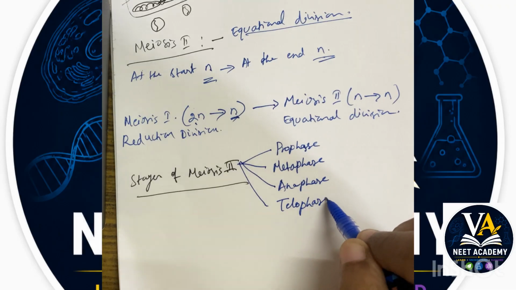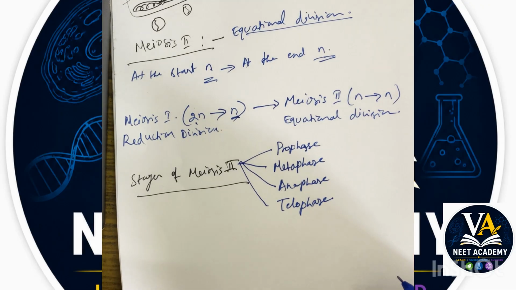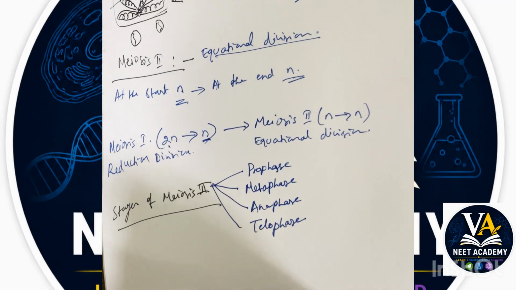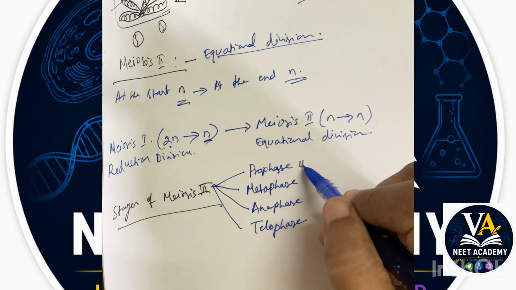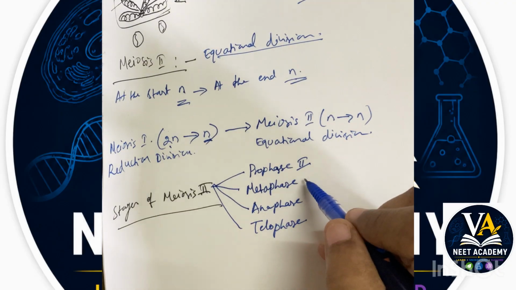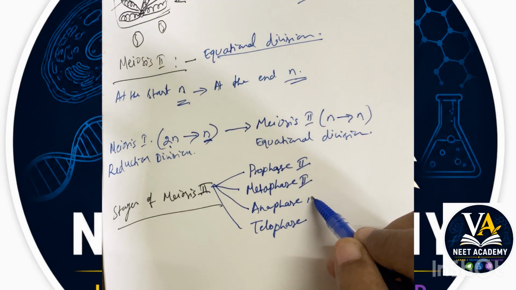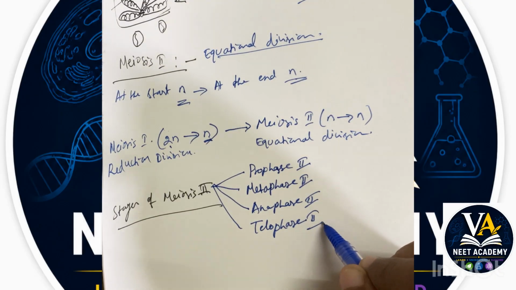This is common in mitosis as well as meiosis I and meiosis II. So how do we differentiate? By just adding the Roman numeral 2: prophase II, metaphase II, anaphase II, and telophase II.